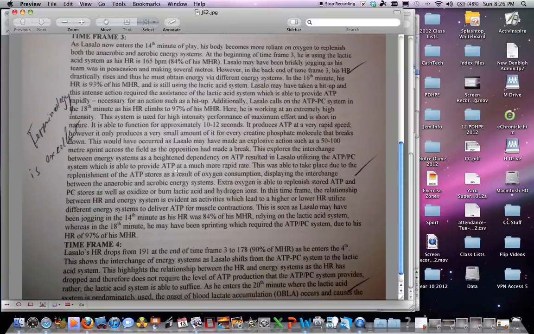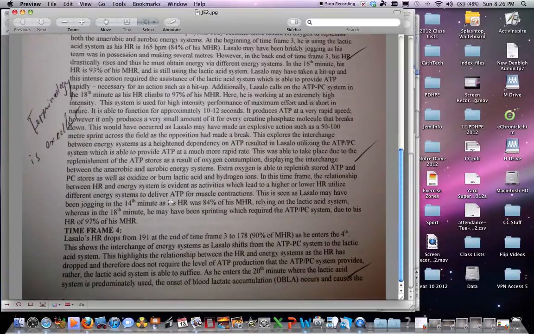Interesting, during the game that was predominantly the lactic energy system that was being utilised. There were 3 occasions of the aerobic energy system, and there was one stage where the ATP-PC system was being used.